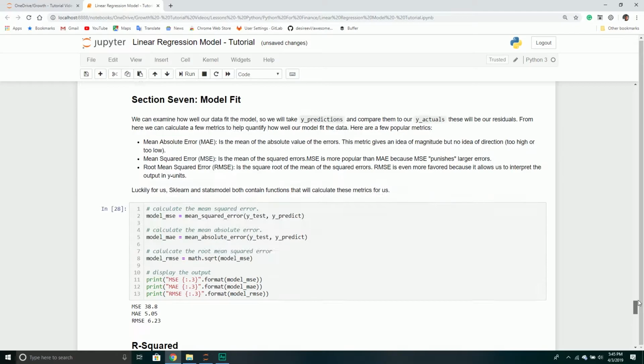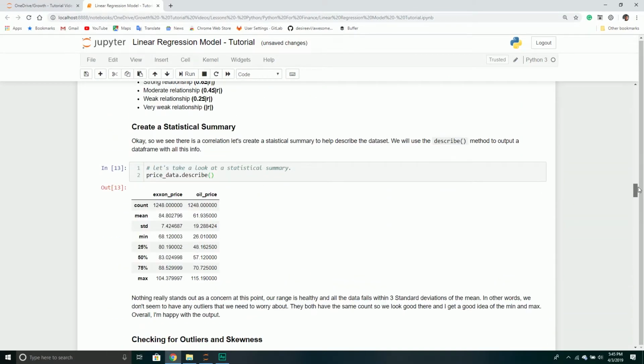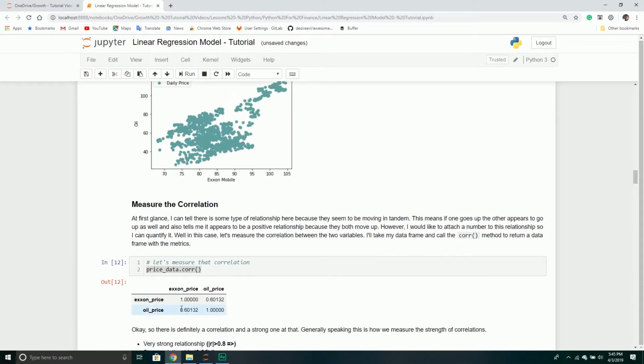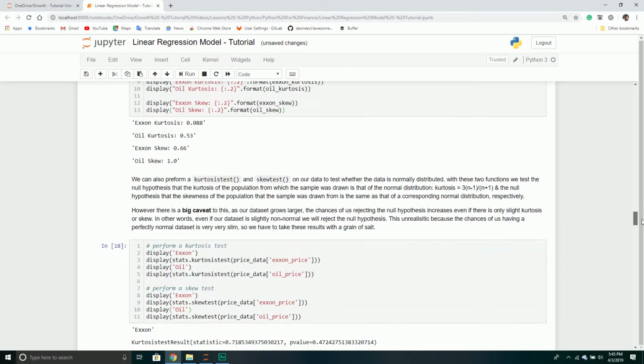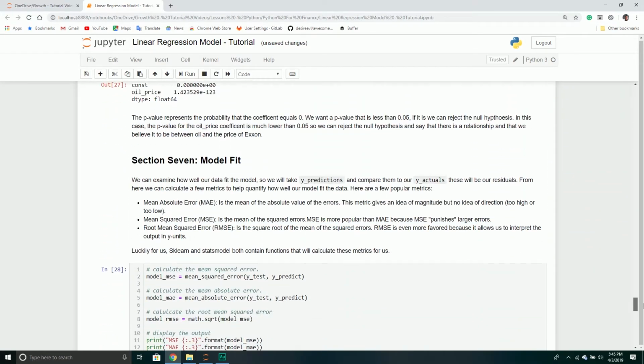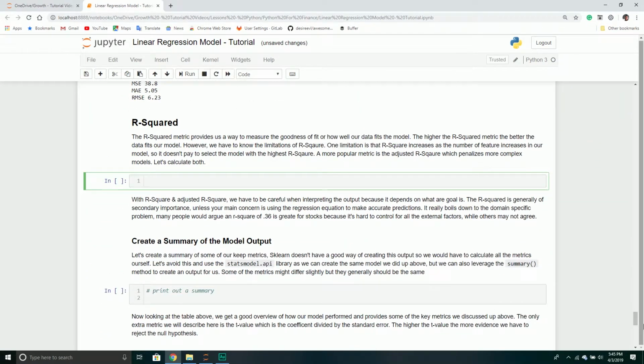Funny thing that you need to know is that the R squared is simply the square of the correlation. Sorry, not the square root, the square of the correlation. And that's really all we're calculating here. With a lot of libraries, you can just calculate it yourself.